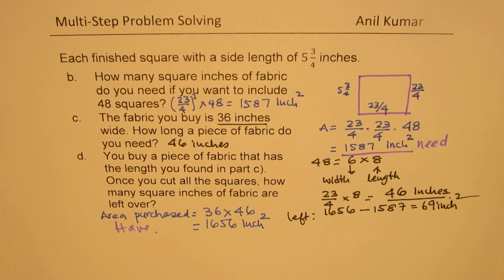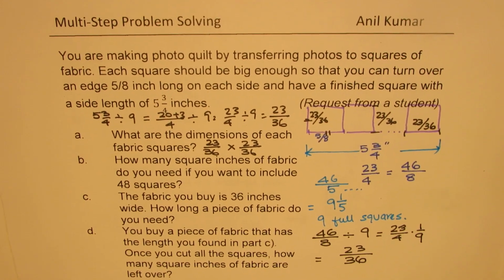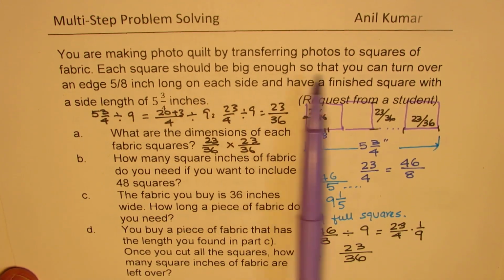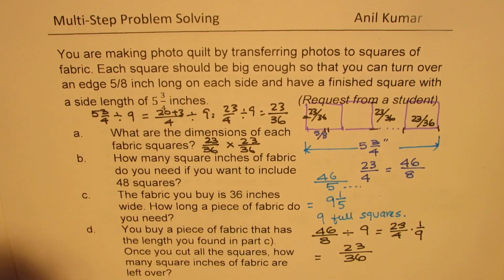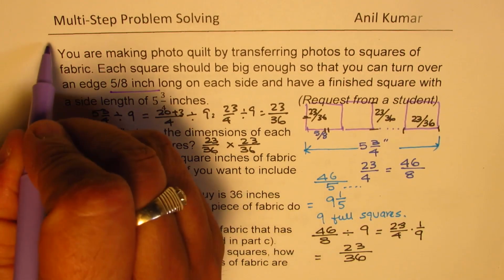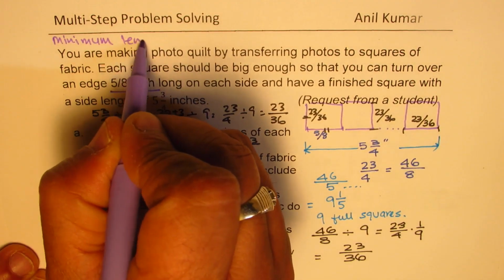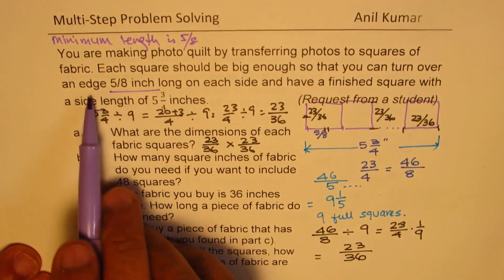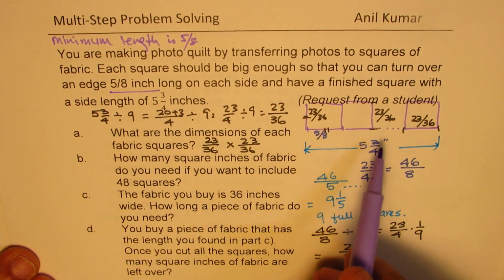I hope the steps are absolutely clear. So let's go through this once again to understand the whole strategy. The condition here is that each square should be big enough so that you can turn over 5/8 inch. That means the minimum length is 5/8. With 5/8 and a total of 5 3/4, we got 9 pieces.